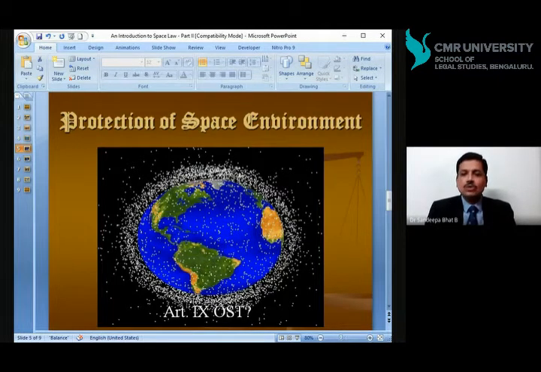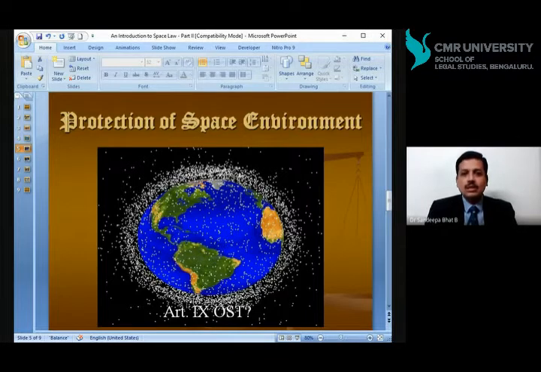There are multiple sources of the space pollution. It may be space debris. It may be the chemical effluents, the chemical substances which may be released during the launch or subsequently. It may be biological contaminants, certain things or organisms which may go from Earth to the outer space, or something coming from the outer space to the Earth and causing some kind of a mutation or changes in the environment. And even the fourth major source of the space pollution is the radioactive pollutants.